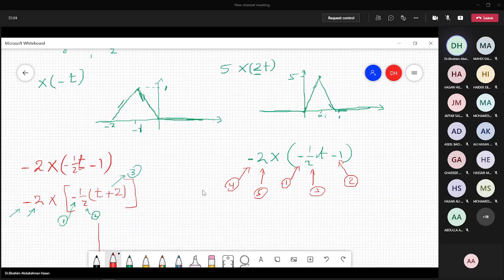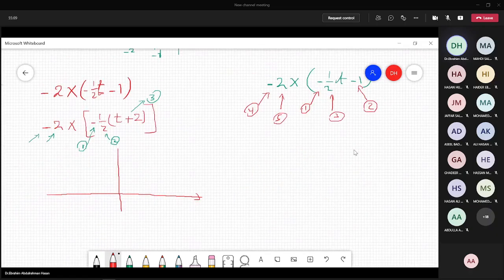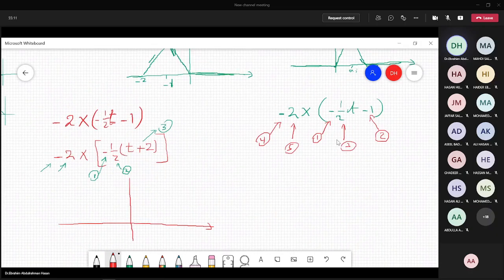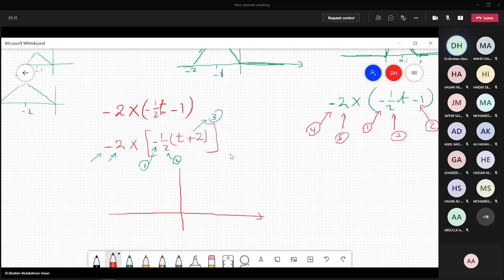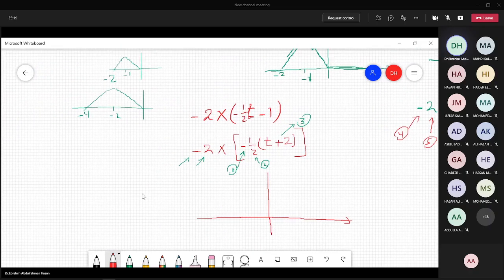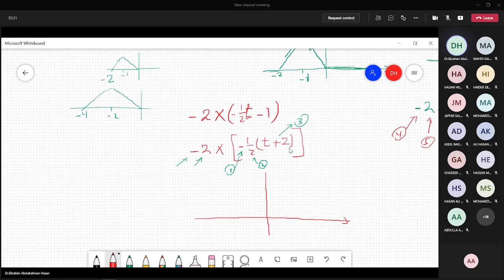Otherwise you will get confused. Okay, so stick either with this or with this way. Okay, I'm going to follow only this one. I'm going in this order: first, second, third, fourth, fifth.